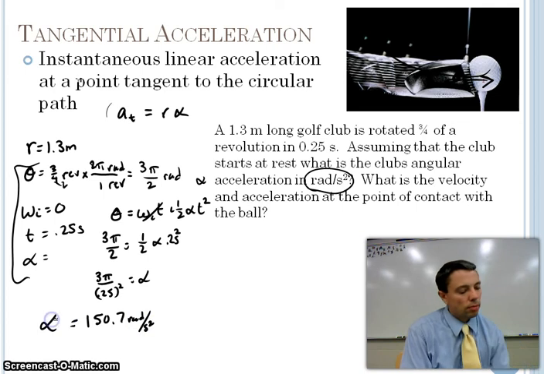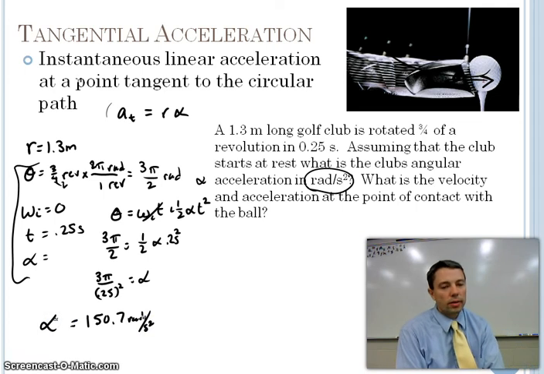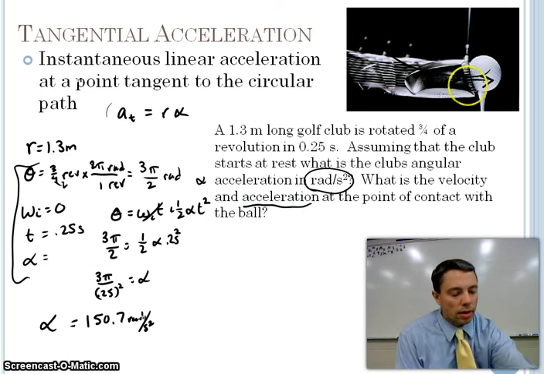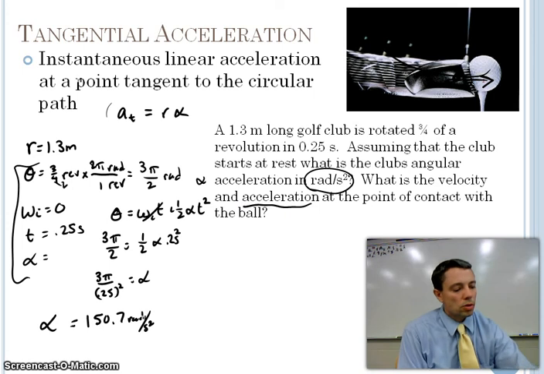That's my alpha, my angular acceleration. Once I know my angular acceleration, I should be able to figure out my acceleration at this point. So my acceleration at that point will be equal to my radius, 1.3, times my angular acceleration, 150.7.